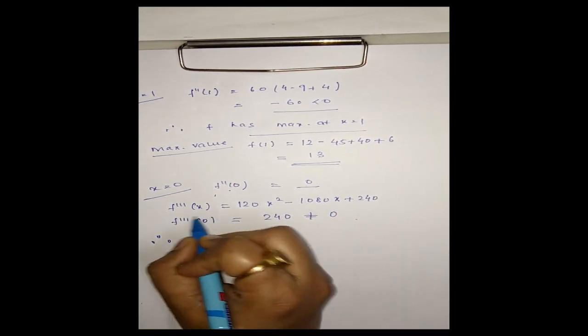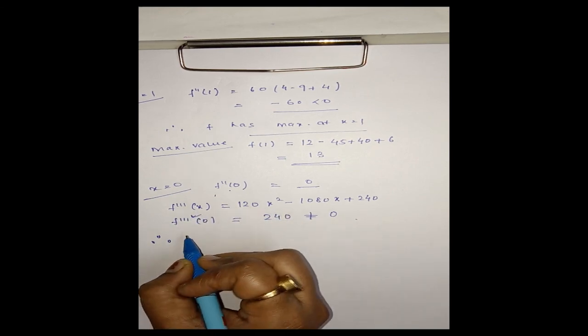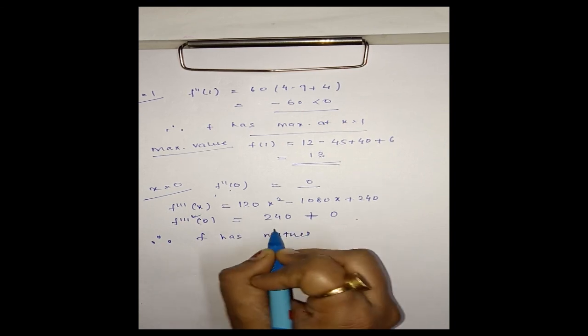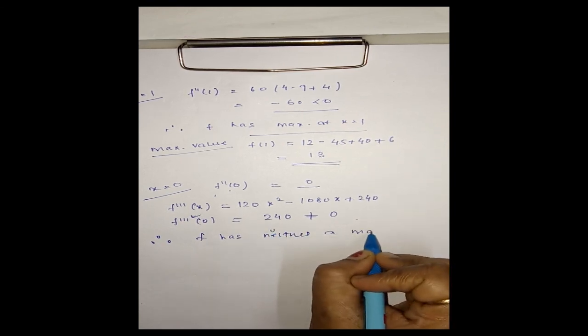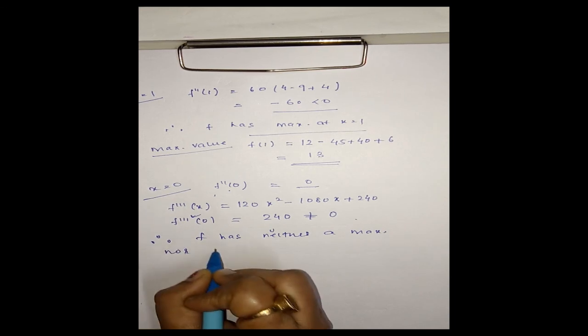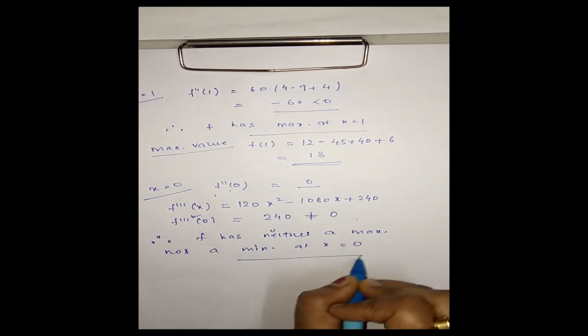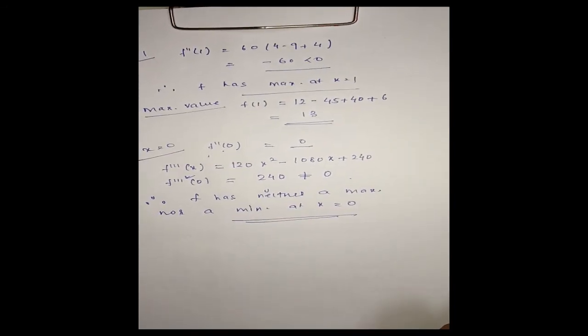Therefore n is 3, which is odd. Therefore, by the result, f has neither a maximum nor a minimum at x equal to 0.